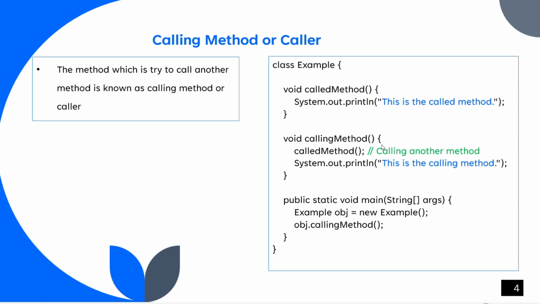Inside the block, the first statement is calledMethod. Instead of executing the rest of the calling method, control first goes to the called method, which executes its instructions. After that, the caller comes back to the calling method and executes its remaining instructions.